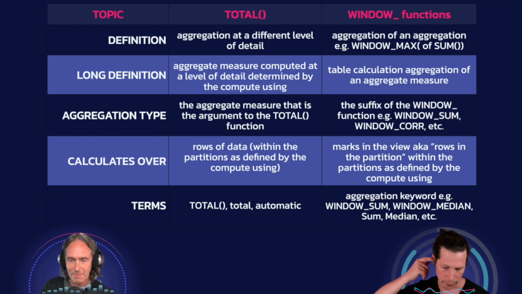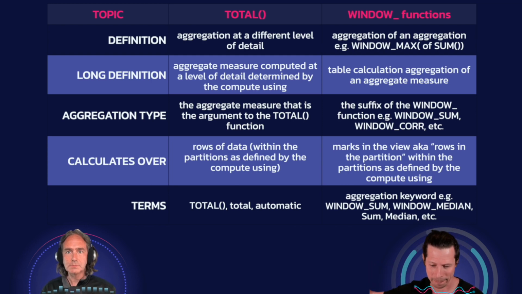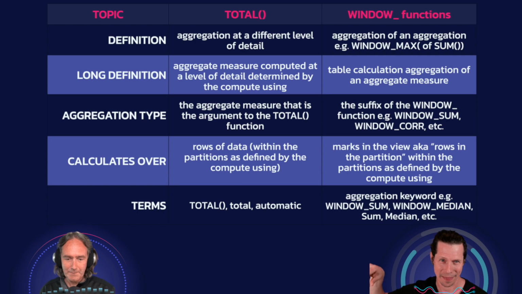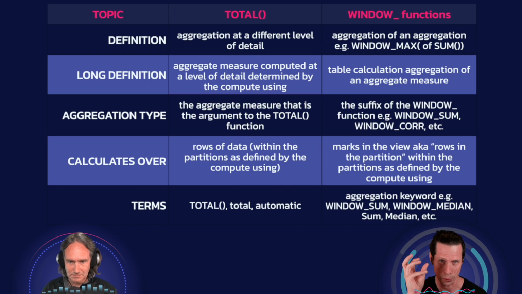So in the grand totals, if I say total all using average, then that is doing the window piece of the equation. Whereas if I say total all using automatic, or if the total keyword is in there, it's doing the total behavior instead of the window behavior.